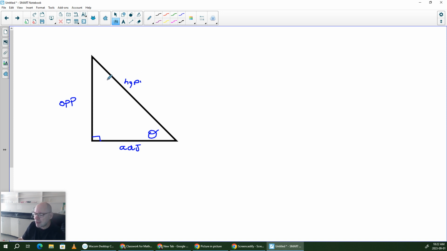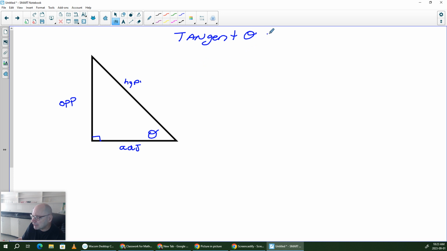Okay, so given that setup, we know that when we're looking at tangent, the tangent of the angle theta, which could be any angle, and we're only going to be using 0 to 90 degrees in grade 10. When you get into grade 11, you go into larger degrees after that.